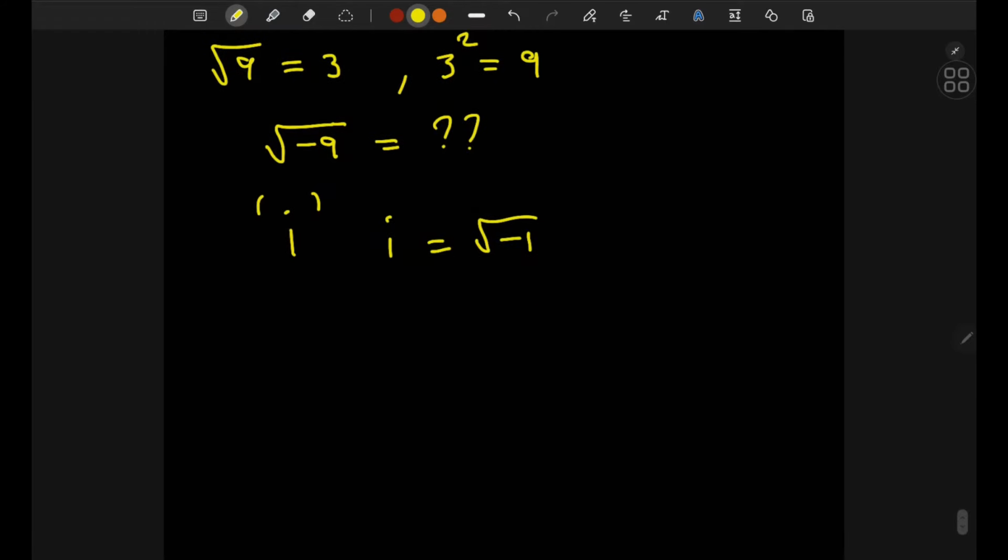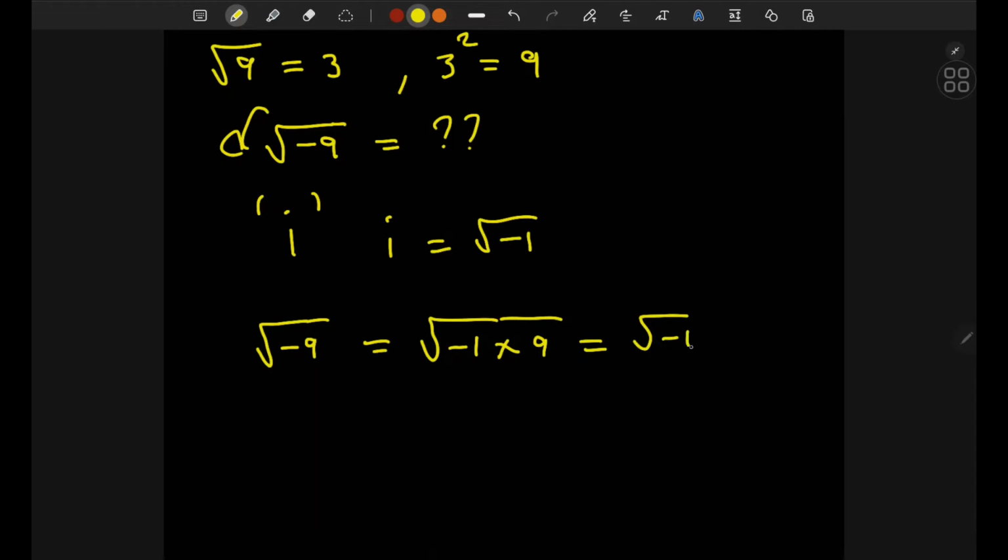So now going back to this, if we have such an expression of square root of -9, we would decompose it by saying -1 multiplying with +9, and this is basically -1 multiplying with square root of 9.